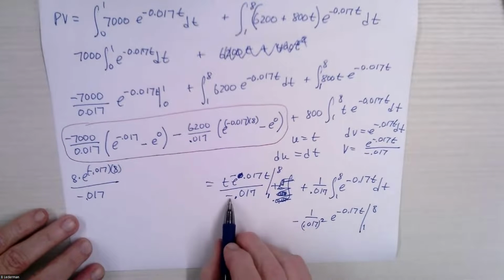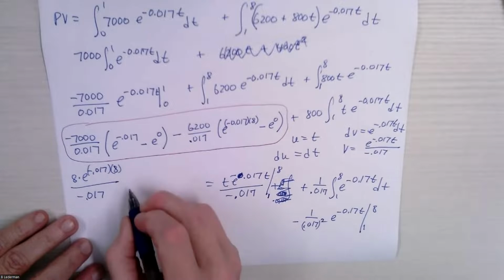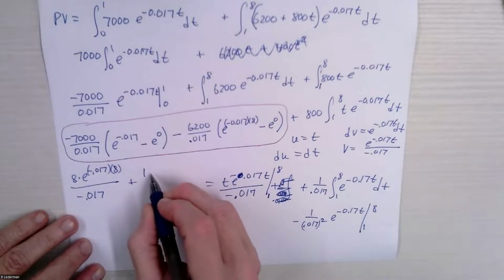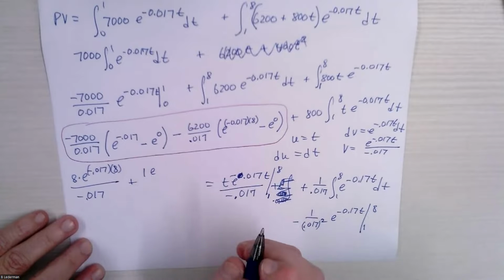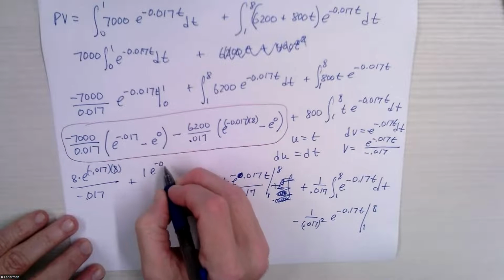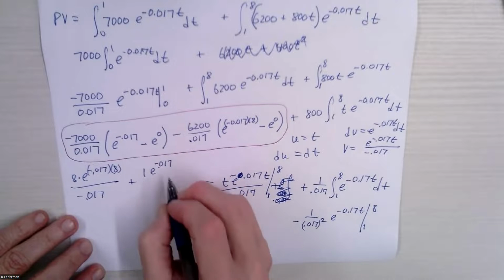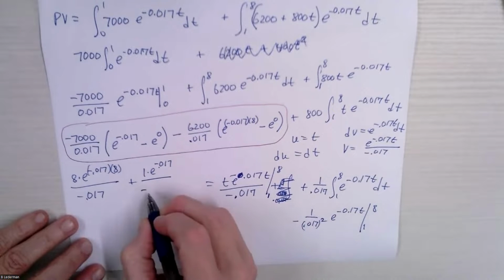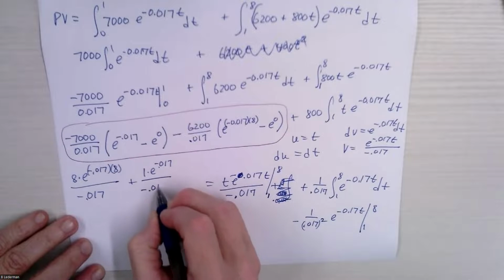Now I'm going to say minus, but the minus cancels that negative, so it's going to be plus 1 times e to the negative 0.017 over negative 0.017.